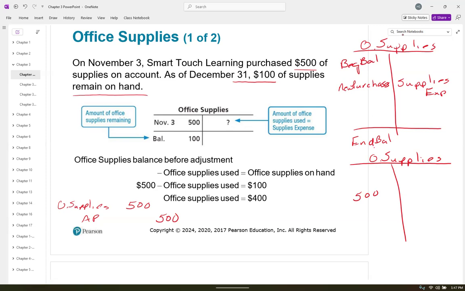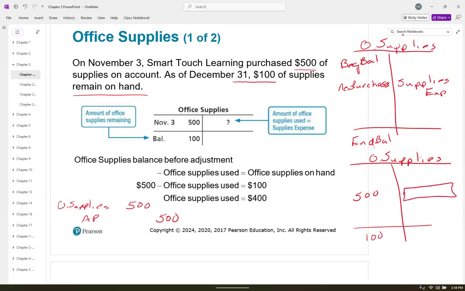That means they're telling me what is left in that supply closet. You picture me standing at the podium there in the classroom, and I had a supply closet. We put $500 worth of supplies in there when we bought them on November 3rd, but now we've gone in there on December 31st and we've counted, and there's $100 left. $400 left the building somehow or another, whether it was stolen or whether it was used.